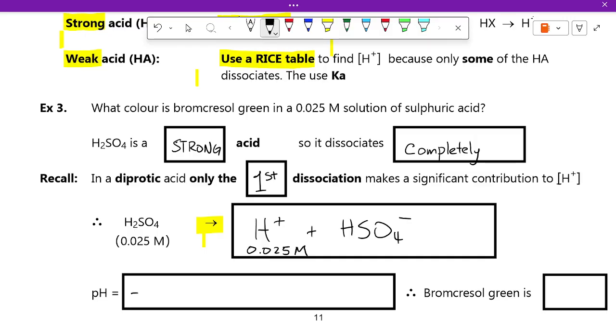So pH is the negative log of 0.025, which is 1.6.